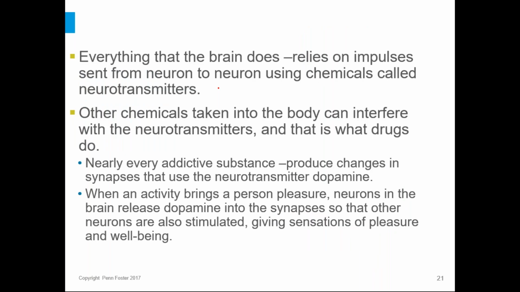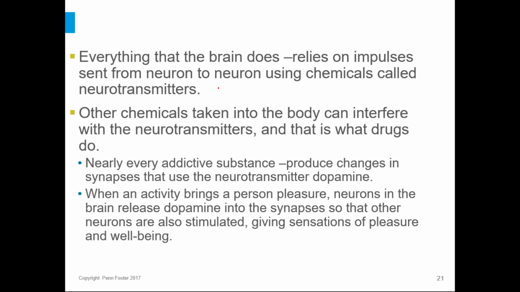Now, everything that the brain does, receiving signals, thinking, and sending signals, it all relies on impulses sent from neuron to neuron using chemicals called neurotransmitters. Other chemicals taken into the body can interfere with how the neurotransmitters work, and this is what drugs do.